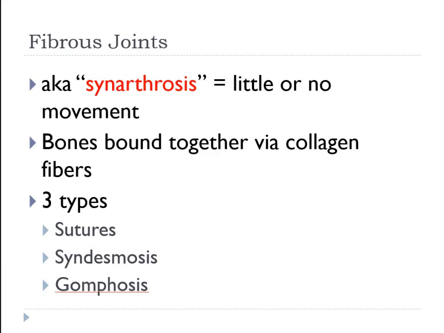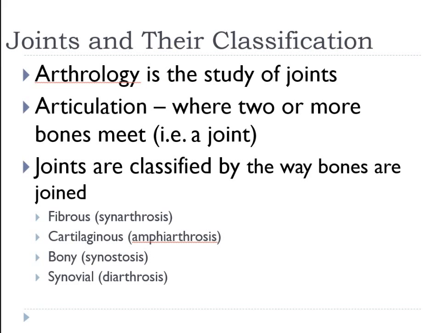Before we do that, there are different ways that we classify these joints, and they're classified on movement. Starting at the bottom, a synovial joint is one that moves around a lot, and it's called diarthrosis. Throsis means movement.